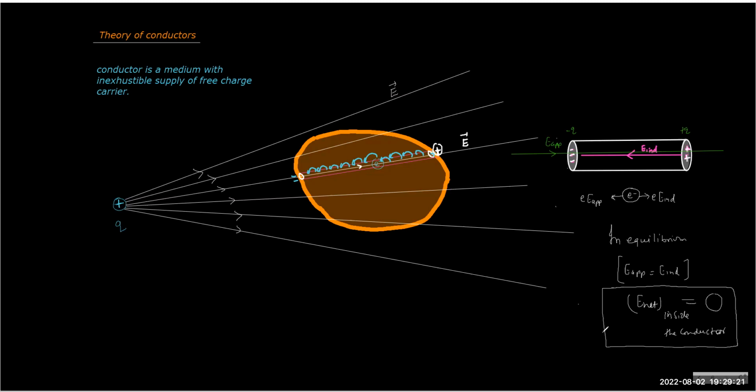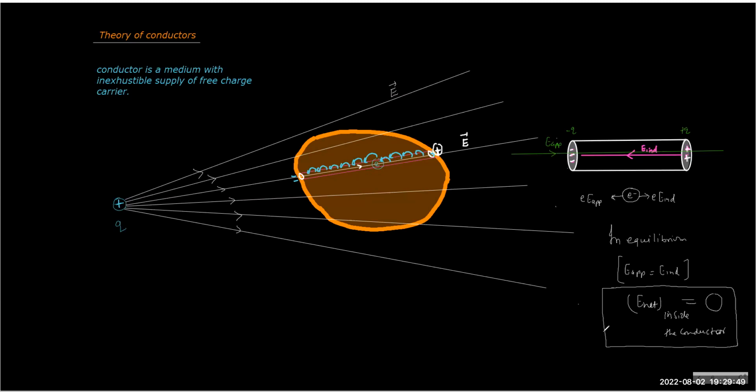No matter what, if a conductor is neutral electrically, you are not giving any charge, and such a conductor is kept in an external electric field, it will rearrange its free charge. It will throw the free charge over the surface.